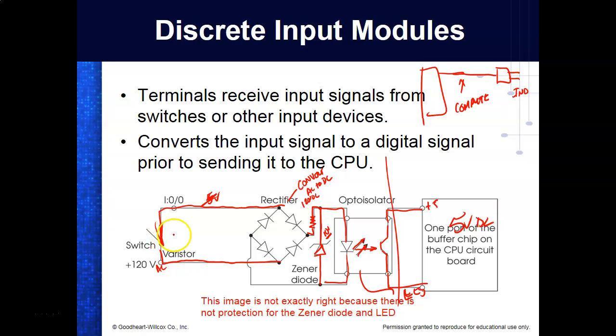So I'm over here at 120 volts. I go through an optical isolator, which means my input is completely isolated from my control system, my plant. And then we can bring that into our processor over here.